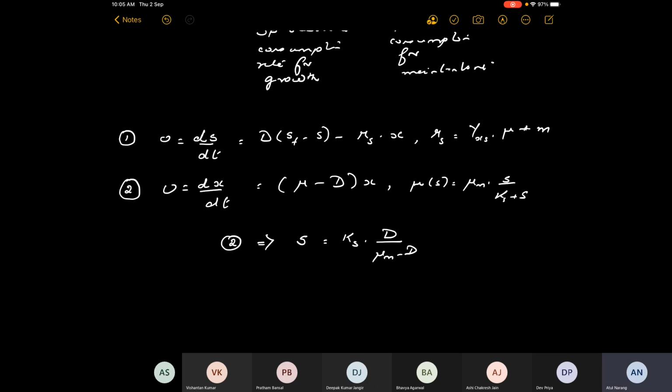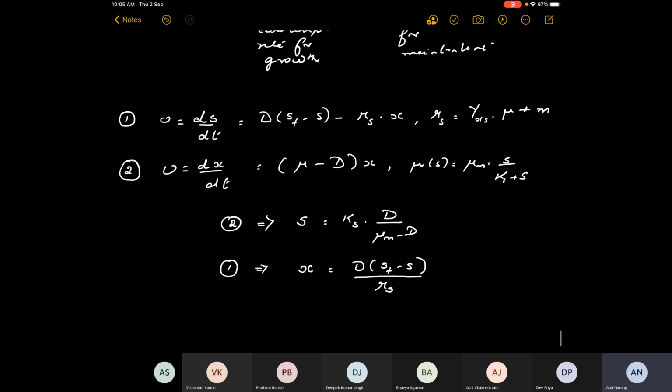So taking a look at equation 1, it implies that X is equal to D times (SF minus S) divided by RS. That's obvious, that's just true from the mass balance. Now earlier, our RS was simply equal to mu divided by Y_XS.